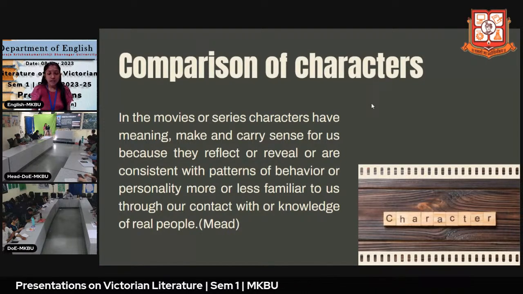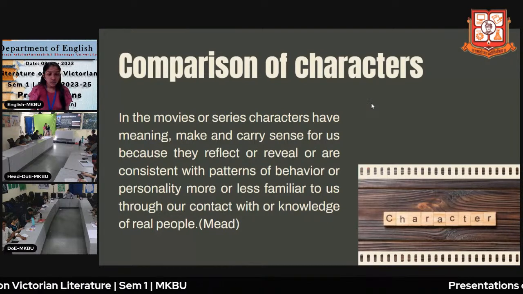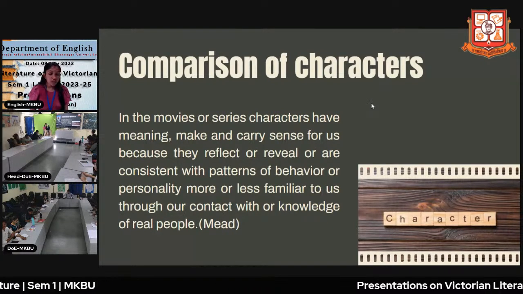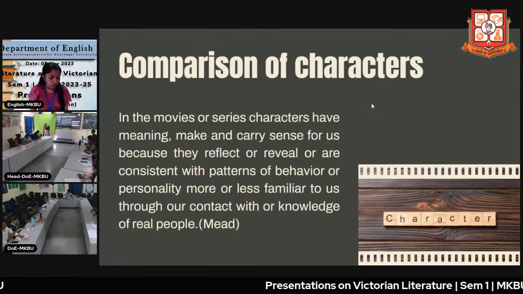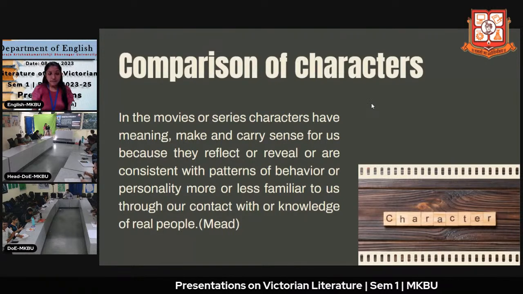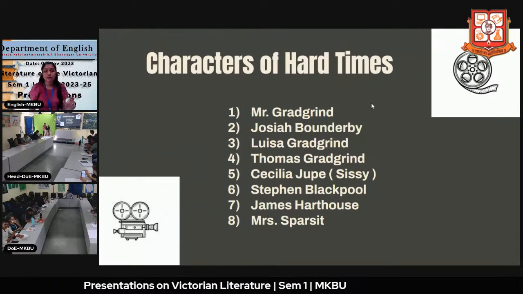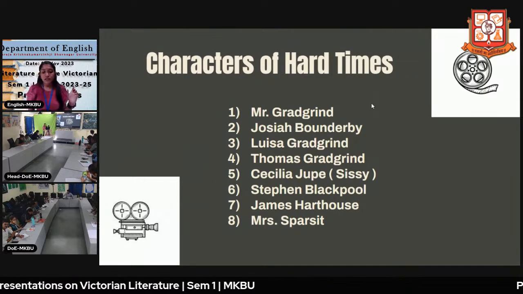This I have taken from the JSTOR article named Representation of Fictional Character.